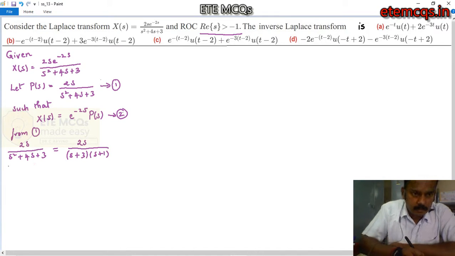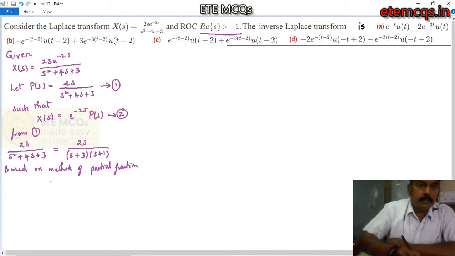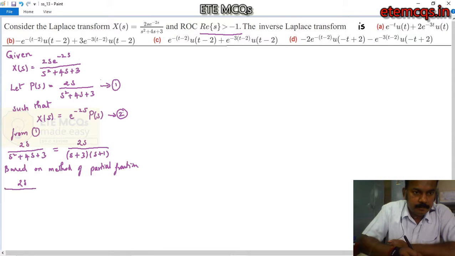Now applying the method of partial fraction, we can rewrite this as 2s divided by (s plus 3)(s plus 1) equal to A divided by s plus 3 plus B divided by s plus 1.